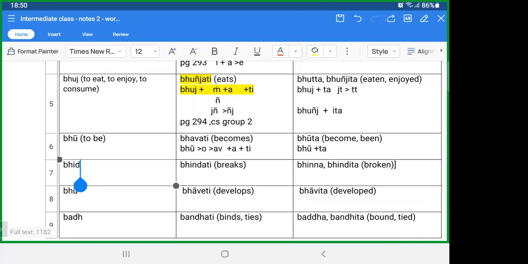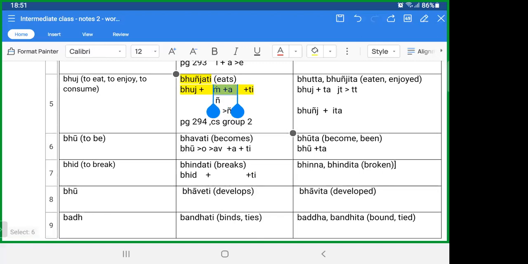Next one, bhid, to break. So you have the BHID, and then you have something, something, and D. So what possibly happens here, right? Where is the N coming from? It's exactly like this second conjugation sign.